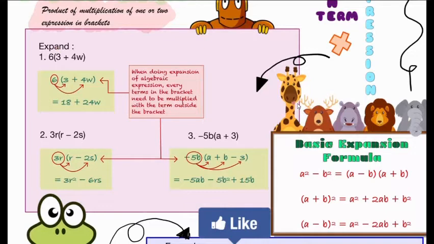So 6 times 3, we get 18, and 6 times 4w, we get 24w. That is how we expand the algebraic expression.